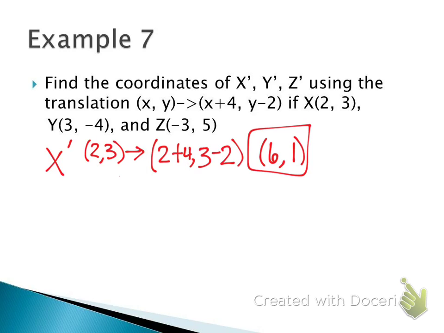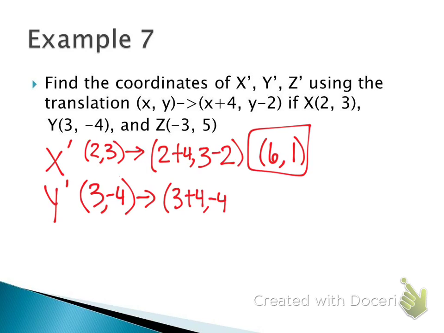Then we have to do y prime. Y starts at 3 comma negative 4. We are going to plug those points into the coordinate notation rule that we were given. What's my x value? So we have 3 plus 4 comma my y value.